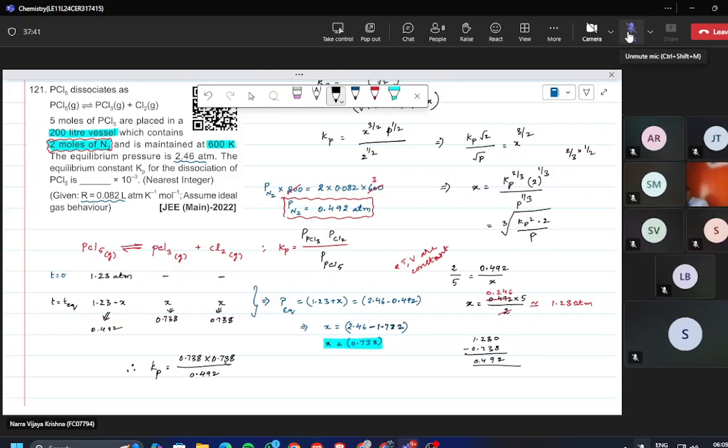Check that value. 1.6 into 0.738, 0.738 divided by 0.492 into 1.5, that is 0.738, 1.107.